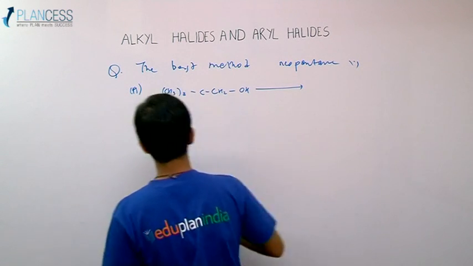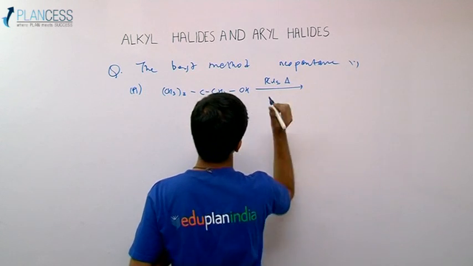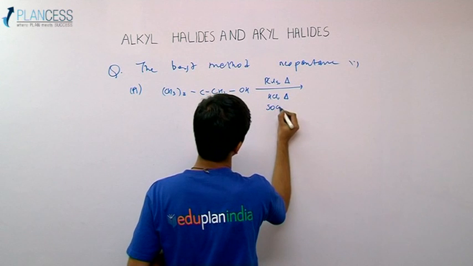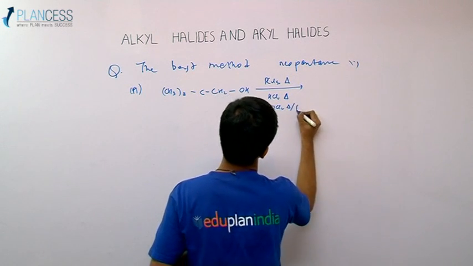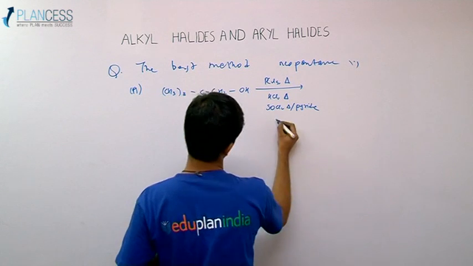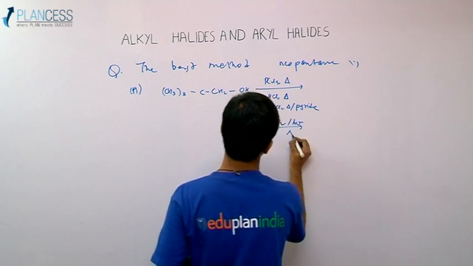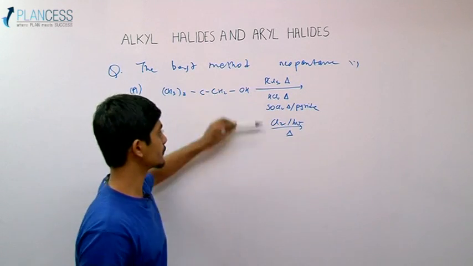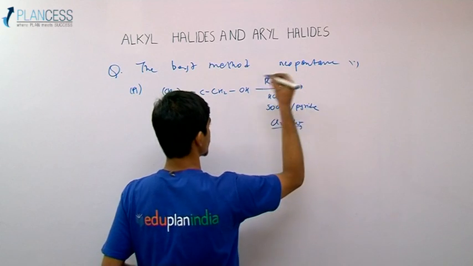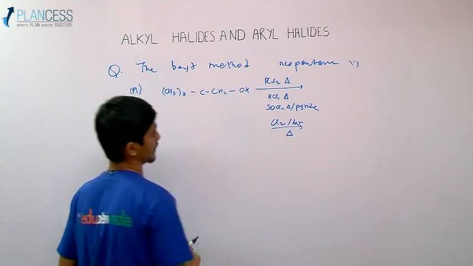The reagents given to you are PCl5 upon heating, HCl upon heating, SOCl2 upon heating in presence of pyridine, and finally chlorination upon heating. So these are the four options given to you. The reactant is the same. Either you have to use this reagent, this reagent, this reagent, or finally Cl2 and light.